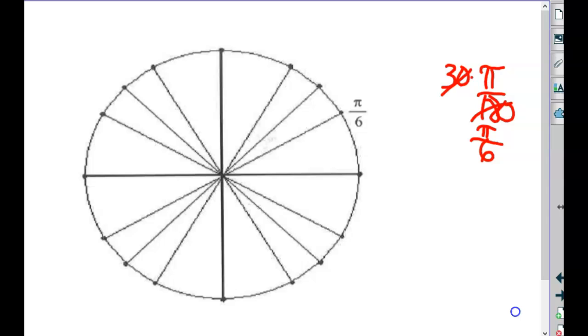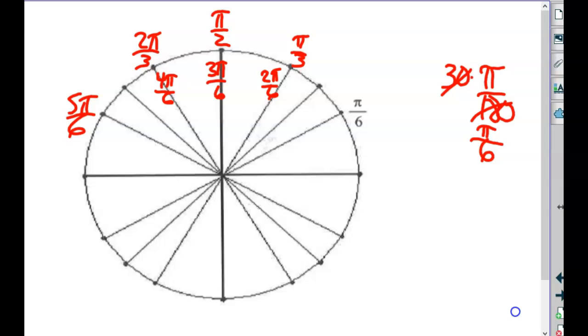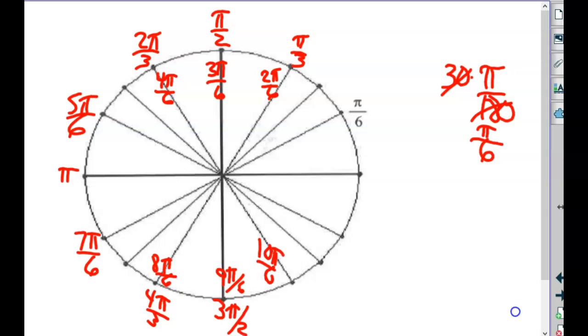Now just count by pi over 6's. 1 pi over 6, 2 pi over 6, what is that going to reduce to? 3 pi over 6, which is going to reduce to pi over 2, 4 pi over 6, 5 pi over 6, 6 pi over 6, 7 pi over 6, 8 pi over 6, 9 pi over 6, 10 pi over 6, right?